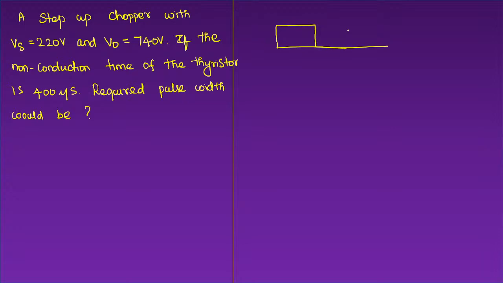Suppose I am receiving the output like this for some duration. I am only talking about the thyristor. Width means how long we are receiving the value. This is called the width of the pulse, one pulse.